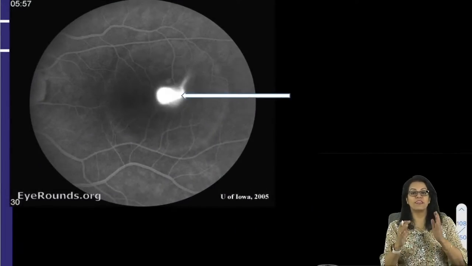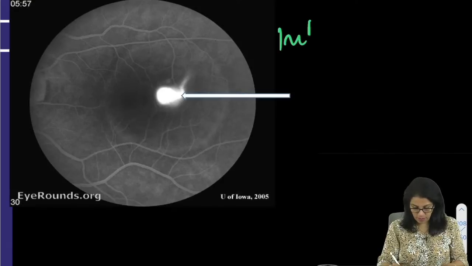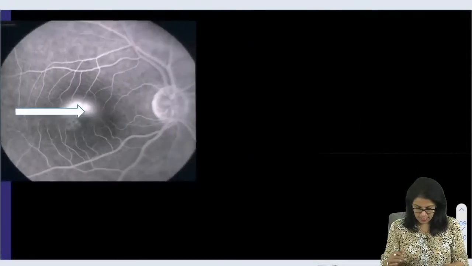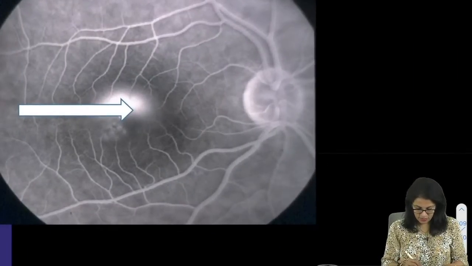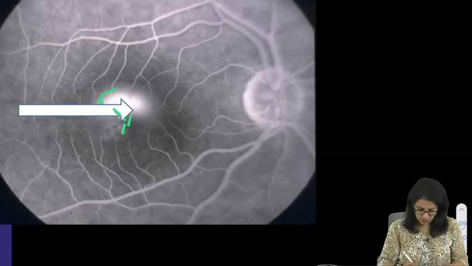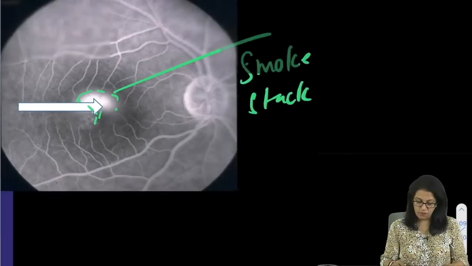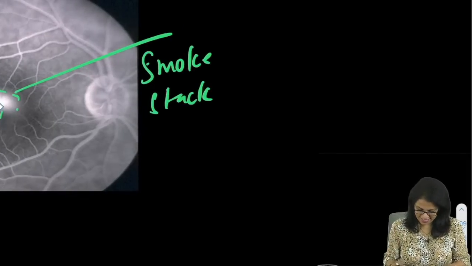So many times we have learned in CSR, this is the ink blot pattern of leakage. This is the ink blot pattern. And what is this? Oh, my arrow is a little overlapping. It was something like this, and sorry for this. So this is your smokestack pattern. Smokestack pattern. We will not forget this. These are repeated questions.